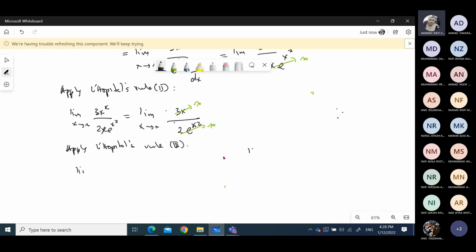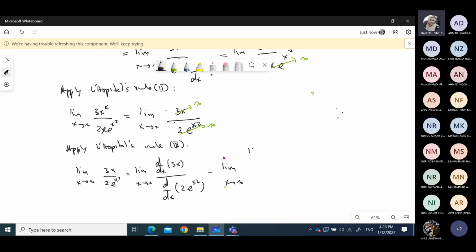So now we have the limit as x approaches infinity of 3x over 2 exponent x squared, equivalent to the limit as x approaches infinity of the derivative with respect to x of 3x over the derivative with respect to x of 2 exponent x squared. You differentiate the numerator and denominator.